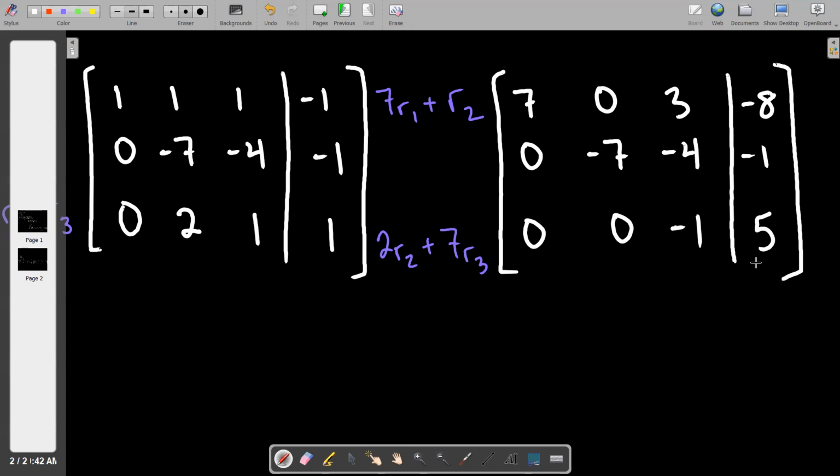Who are they? Yeah, we need these two guys to become zeros right here. So that's the mission, next in line. Yeah, so we're going to do -4 times the bottom added to row 2, and then we're going to do 3 times the bottom added to row 1, and then we're going to be home.